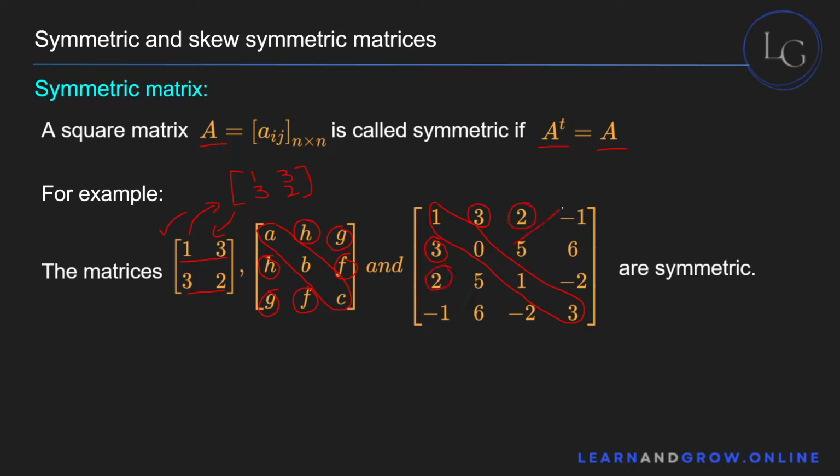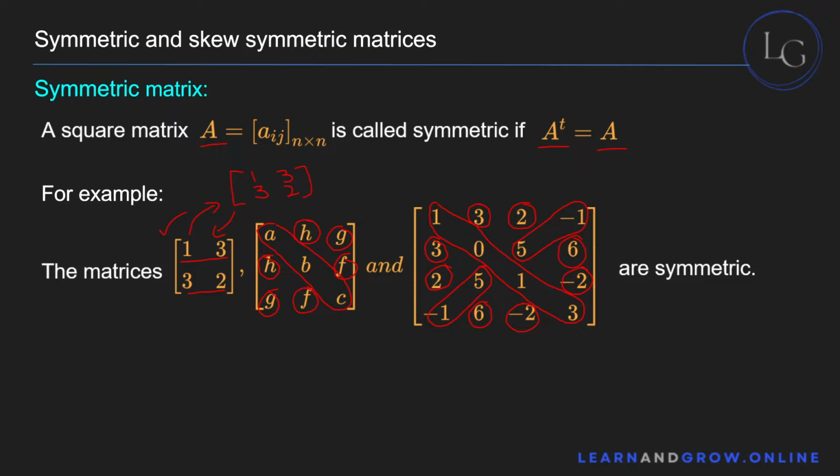These two elements and these two elements, you can see that if you use the principal diagonal as a mirror, then on either side they must be the same. Now you see this and this, they're the same. -2 and -2 here, they're the same.